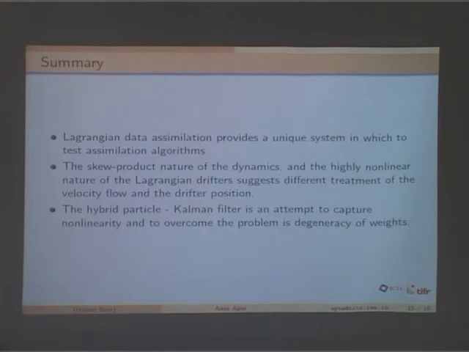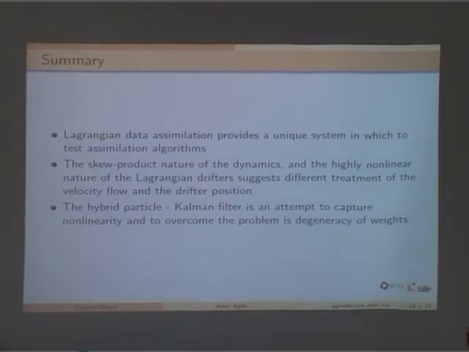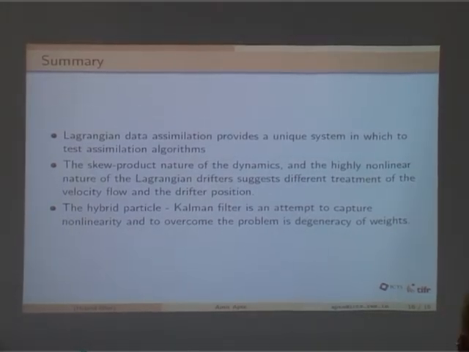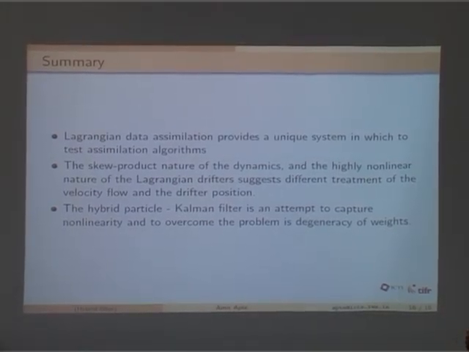Effectively, what I presented was Lagrangian data assimilation as a unique system on which you can test many of the usual methods for assimilation. This system really does bring out a lot of lacunae in these methods because of the peculiarity of the dynamics, and you can understand the dynamical nature quite well here.